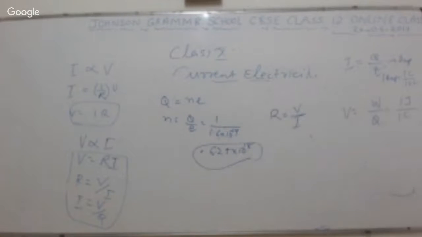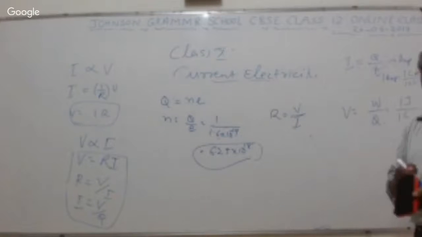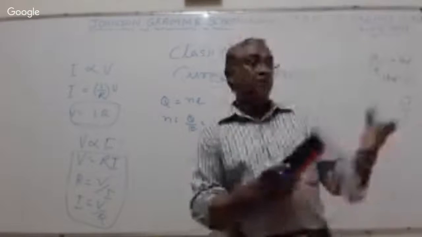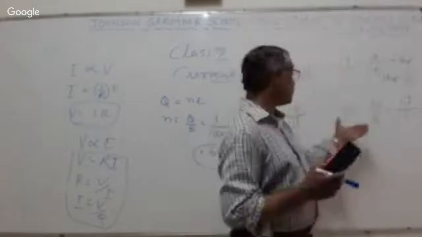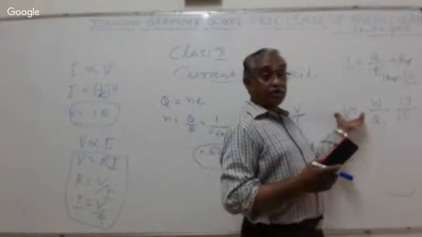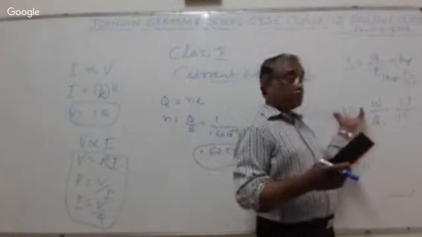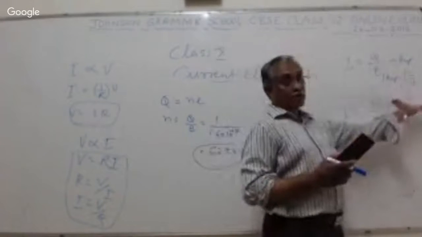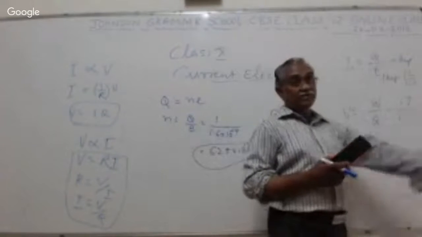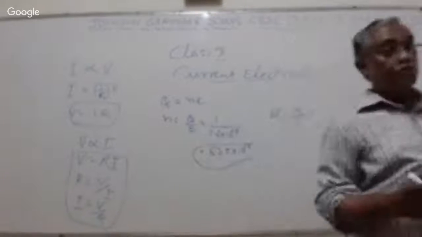So potential difference is nothing but 1 joule of work done when 1 coulomb of charge moves from one point to another point. Then you say there is 1 volt of potential difference across the points. Distance is not important, the length is not given to you. Only the work done matters: 1 joule of work is done to move the charge from one point to another point.